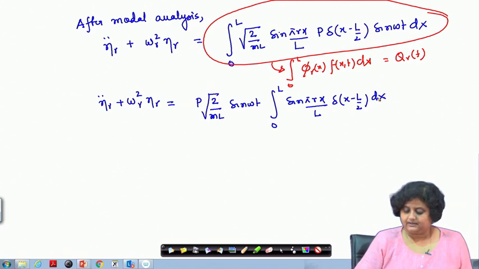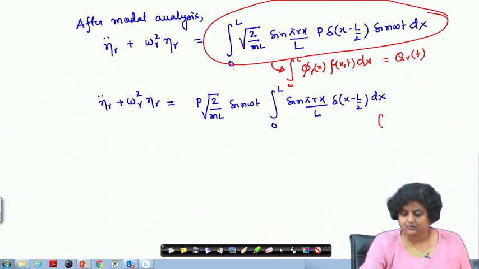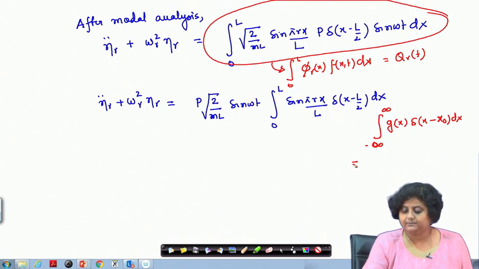If we go back to our lecture where we discussed the Dirac delta function, we have seen how this integral can actually be written.